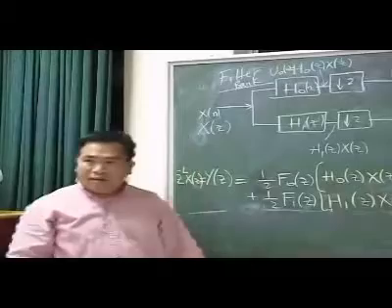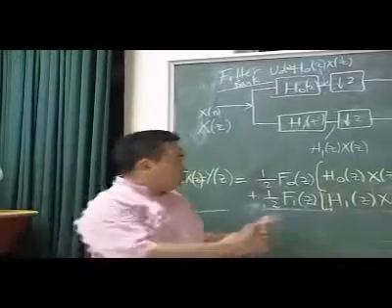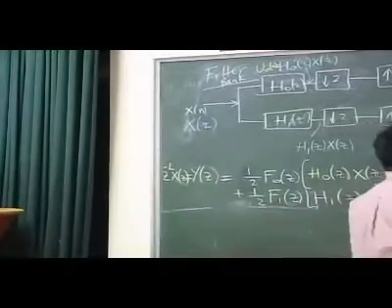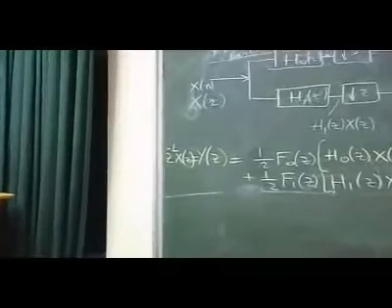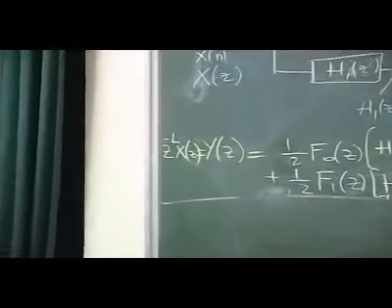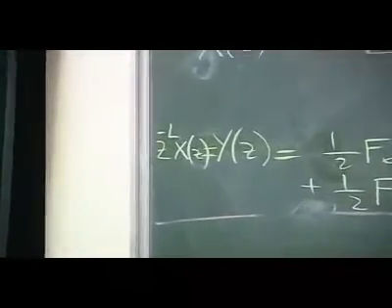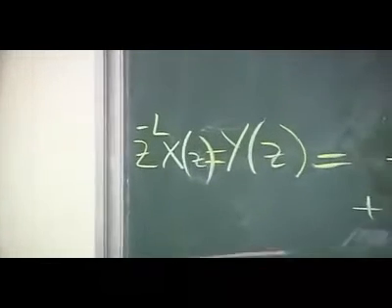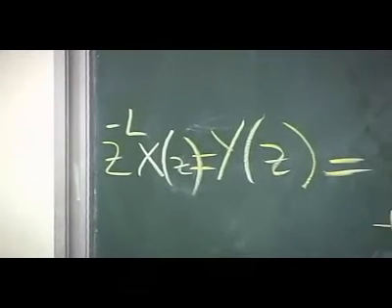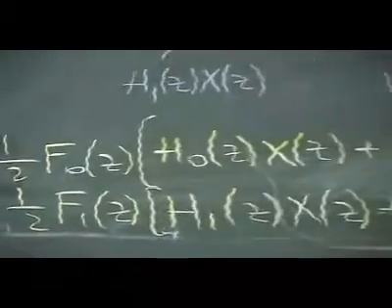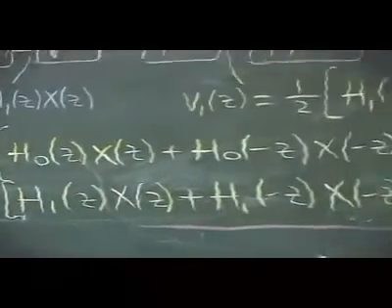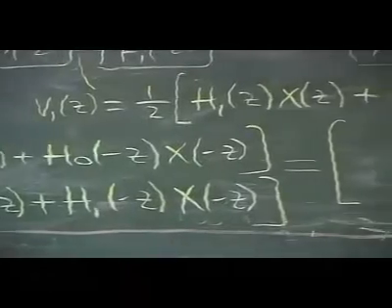X of minus Z. So I'm going to rewrite this right hand side in the form of a quantity times X of Z with another quantity times X of minus Z. That's clear? Then we can compare both sides.